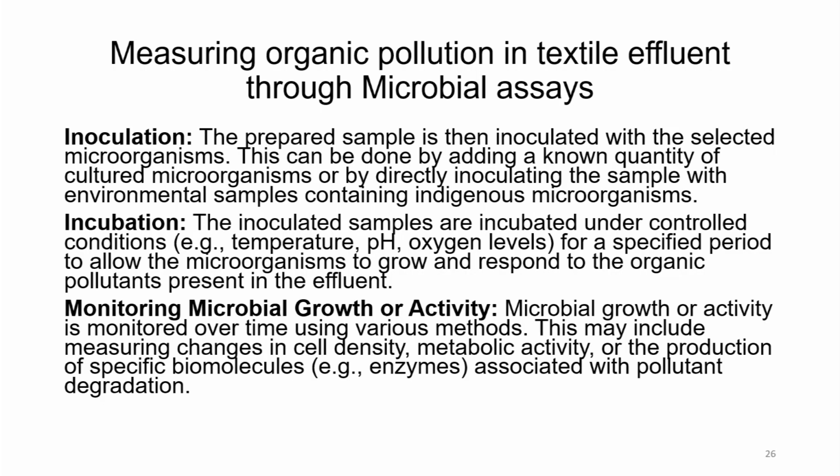This can be done by adding a known quantity of cultured microorganism or by directly inoculating the sample with environmental samples containing indigenous microorganisms. So, both ways it can be done. Microorganisms that are present in the effluent or specialized microorganisms which have been identified.